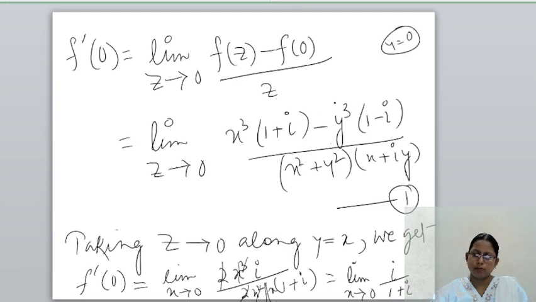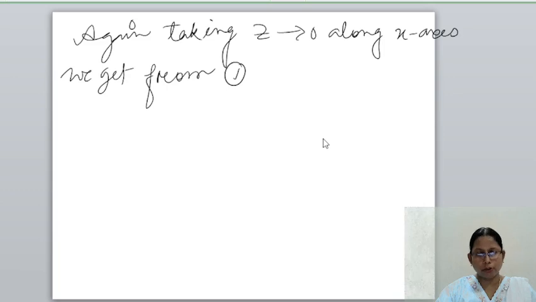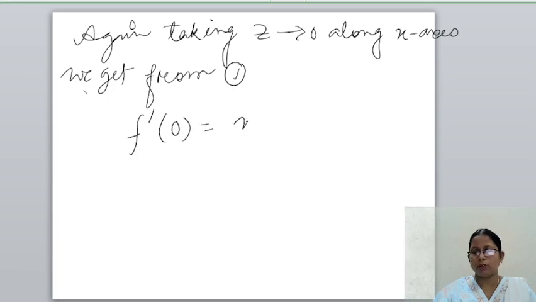Along the x-axis, y equal to 0, this part will be 0, this will be 0, and this will be 0. This is x cube, and this is x cube (1 plus i). So equation 1 becomes f'(0) equal to x cube (1 plus i).